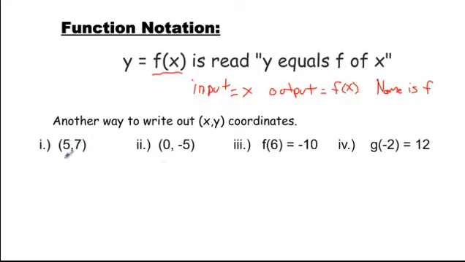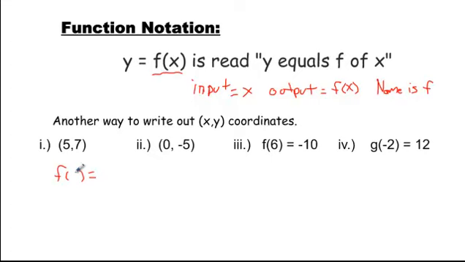Alright, so down here we got some basic examples we're going to cover. Here's a point. It's got an x coordinate of 5 and a y coordinate of 7, and we are going to take that and put it in function notation. That would be f of x equals, and f of x.